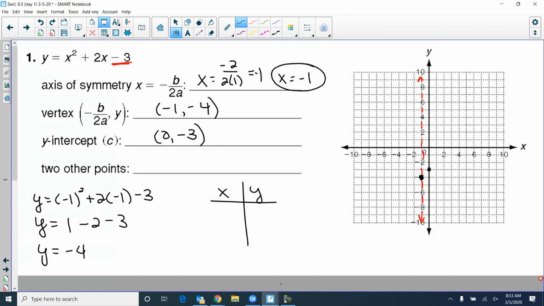The next whole number would be a 1, and then the next one would be a 2. So I want to plug in 1, and I want to plug in 2. Go ahead and plug in 1 into the equation, and then plug in 2 into the equation, and see what you get. Don't start plotting anything just yet in case you get off. All you got to do is plug them into your equation.